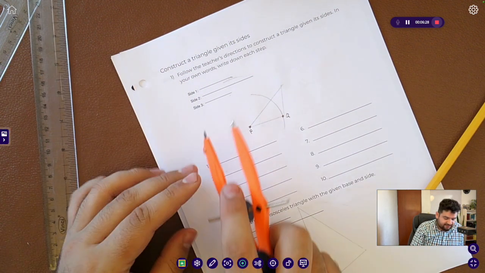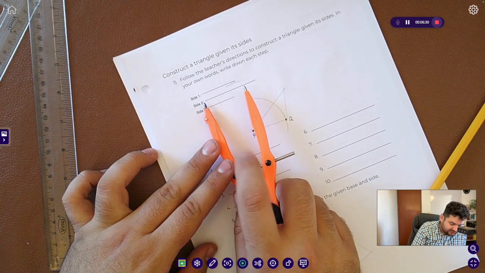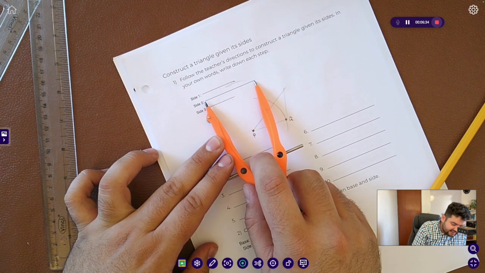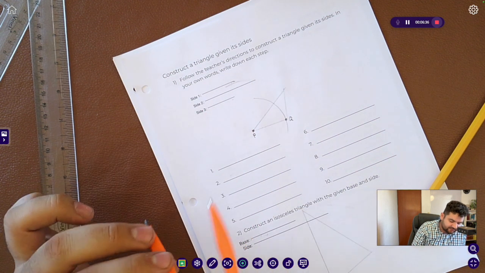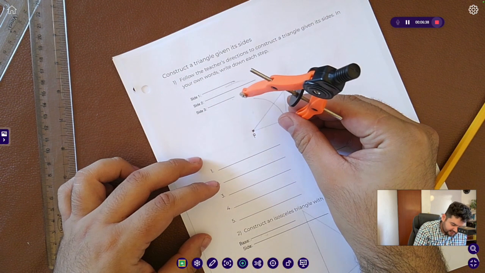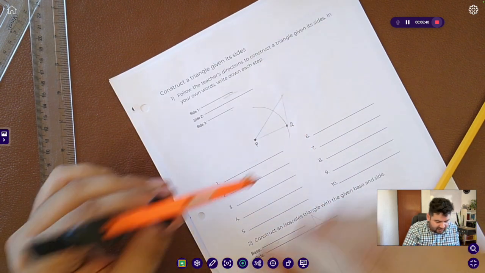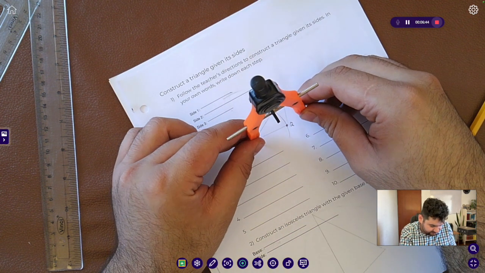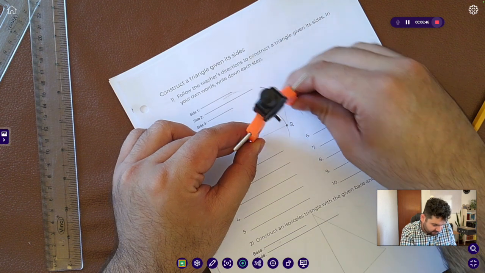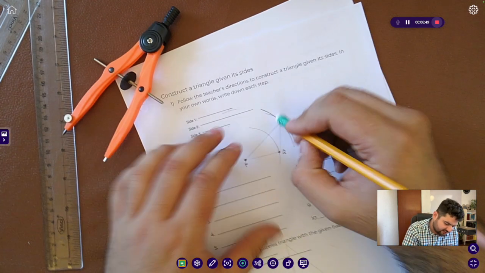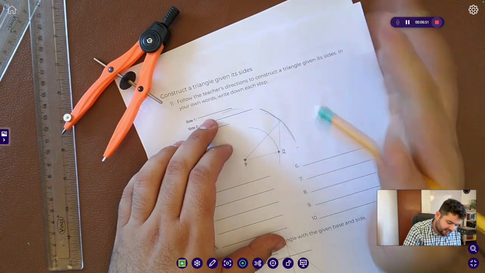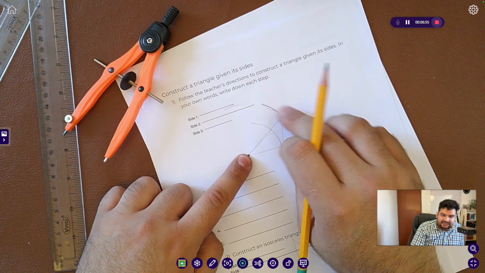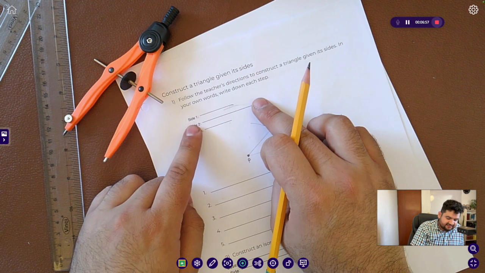Then my second step, after the second point, I'm gonna measure the distance of side 2. Now that I measured the distance of side 2, I draw a circle, standing in P at a distance of side 2.